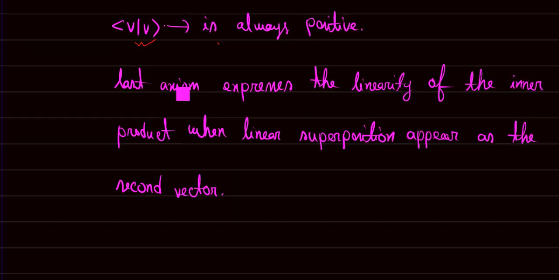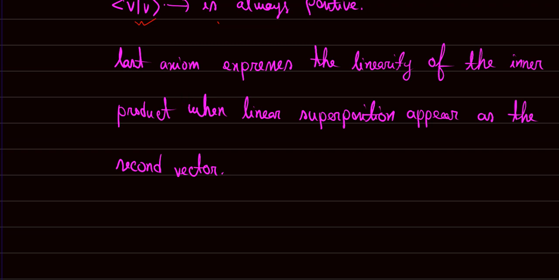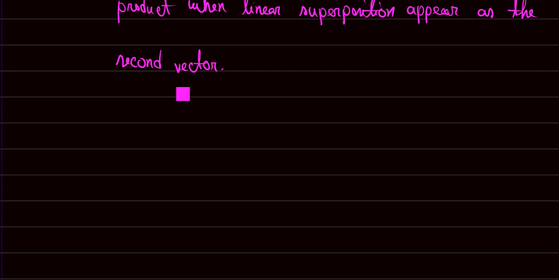So we are saying that when a linear superposition appears as the second vector, then our axiom says that the inner product follows a linear equation. But what if a linear superposition appears as the first vector in our inner product? What will then happen? So let's evaluate this.